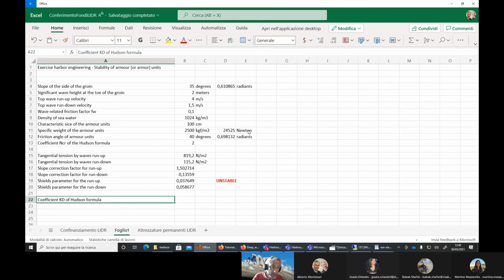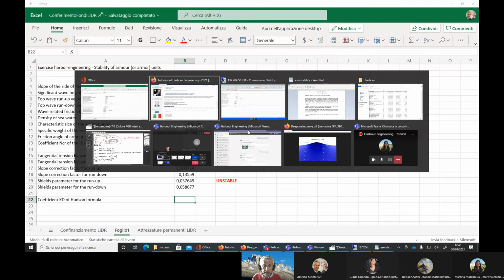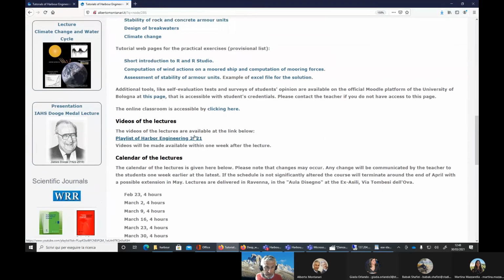I need to compute it based on NCR because this exercise doesn't give me KD, it gives me NCR. So let's go back to the page and see, let me open it.